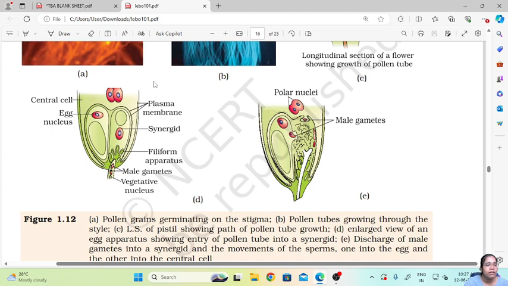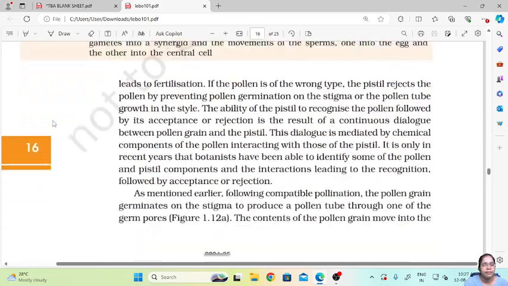So this fusion will cause what? Endosperm formation, and the fusion of the male gamete with the egg apparatus will form what? The zygote, and hence there are two fertilizations occurring at the same time. This is termed double fertilization in plants.